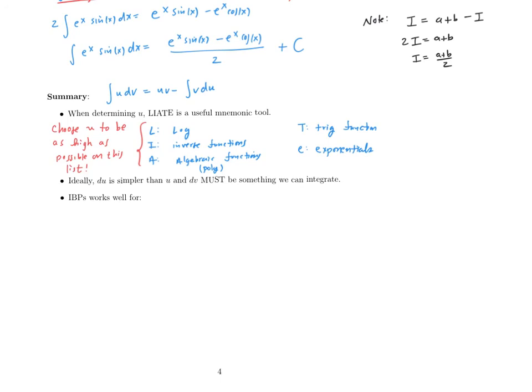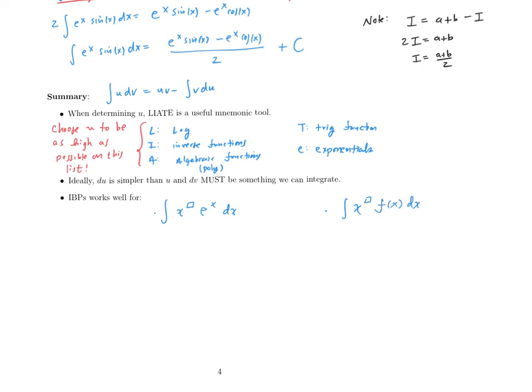Also, let's finish up by just noting what types of integrals integration by parts is well suited to handle. So it works extremely well with things like x to a power, or really any polynomial, times an exponential. And it's also something good to keep in mind when you have x to a power times a function.